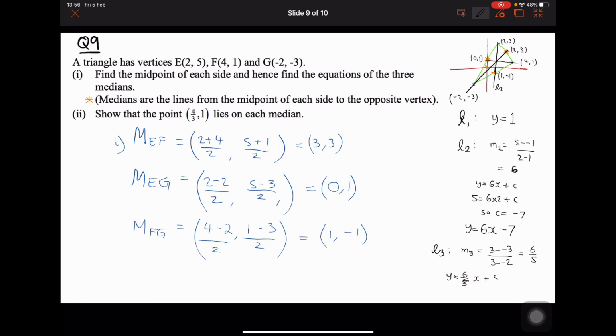Substitute 3 into this equation and we get 6 over 5 multiplied by 3 plus c.